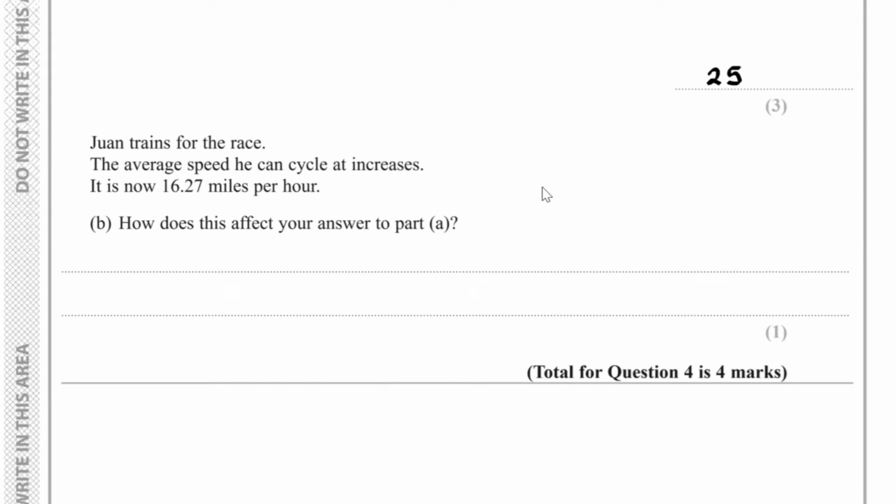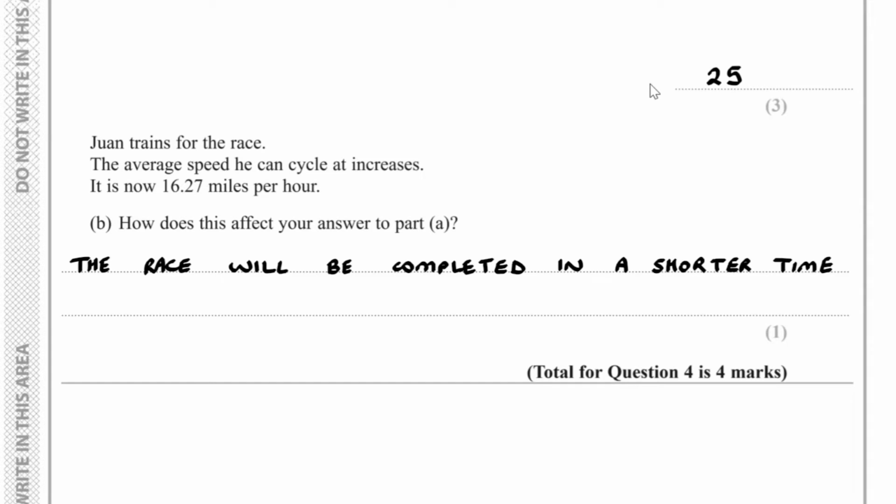So we have 25. And then Juan trains for the race. The average speed he can cycle at increases. It is now 16.27 miles per hour. We have to think about how this will affect our answer to part A. Well, in this case, the race will be completed in a shorter time.